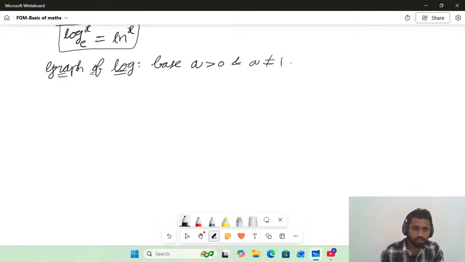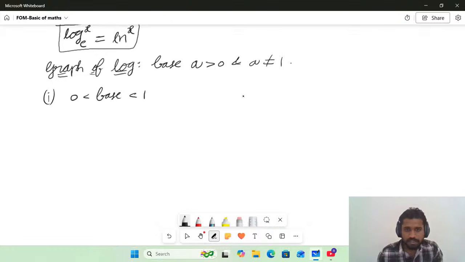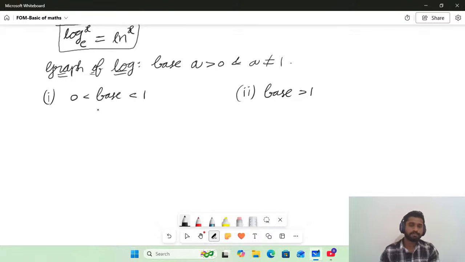So two cases we will have. First case is base lying between 0 and 1. And one more case is base greater than 1.